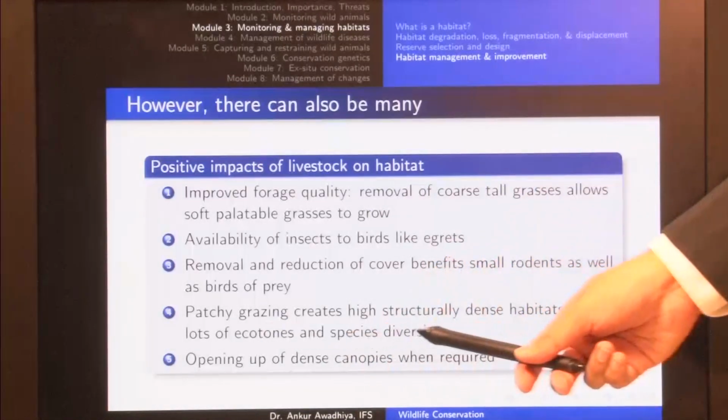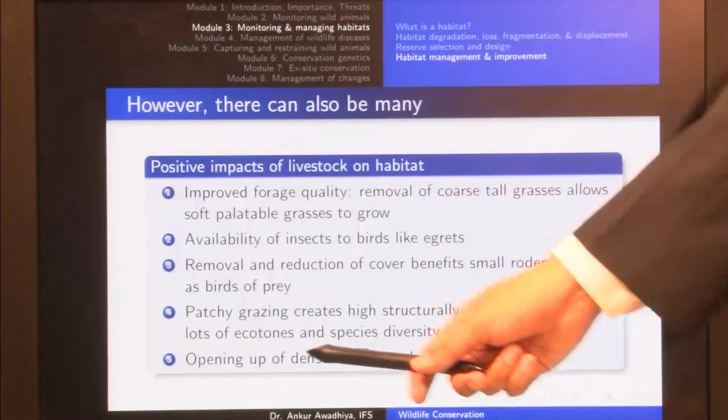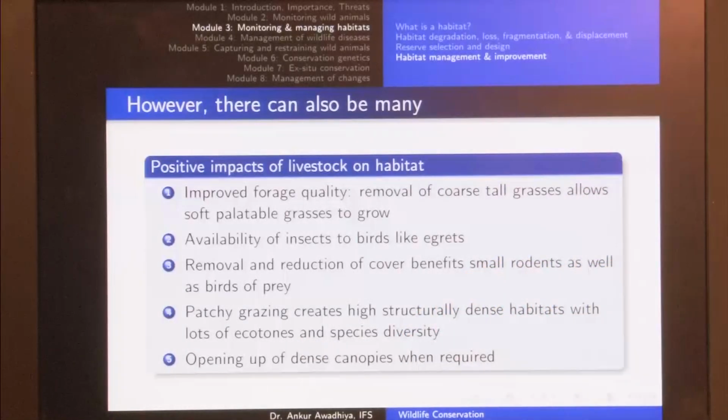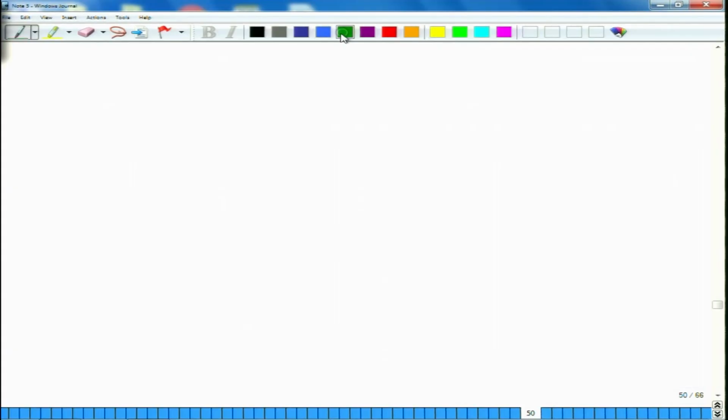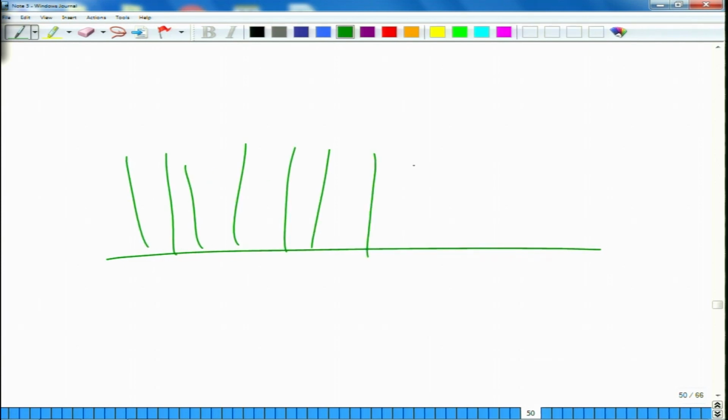Then patchy grazing creates structurally dense habitats with lots of ecotones and species diversity. What we mean by this is that if you have an area in which you have tall grasses everywhere, the tall grasses would support say n number of species, so let us call it n tall.